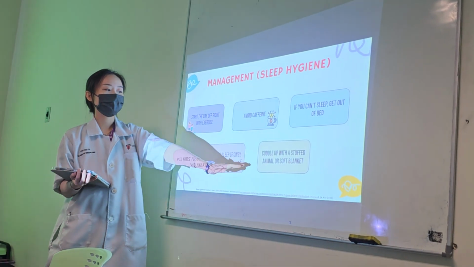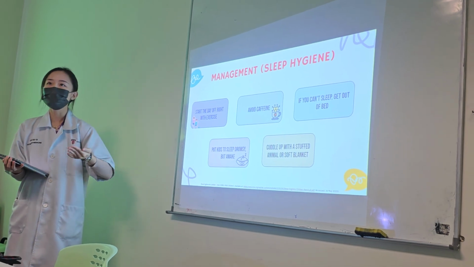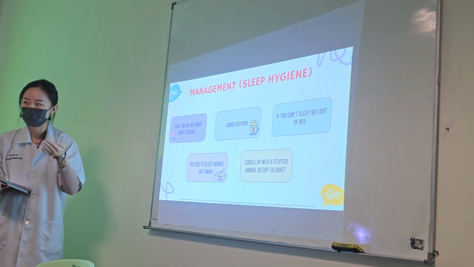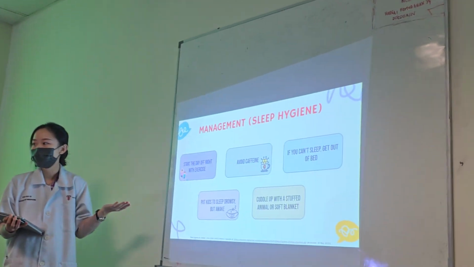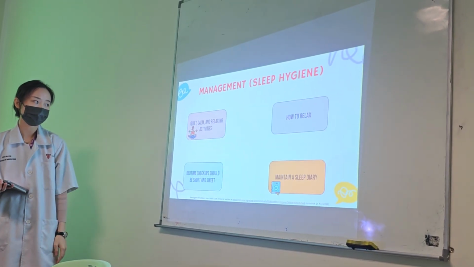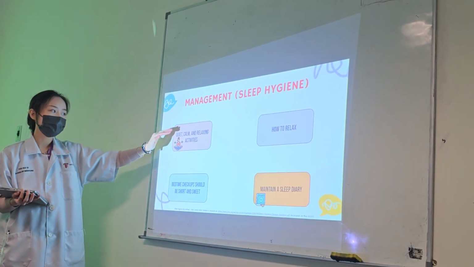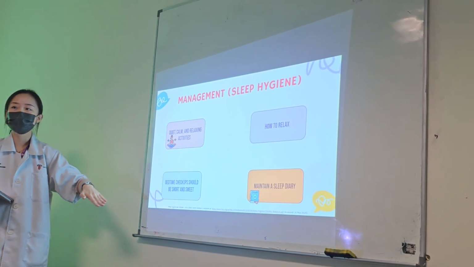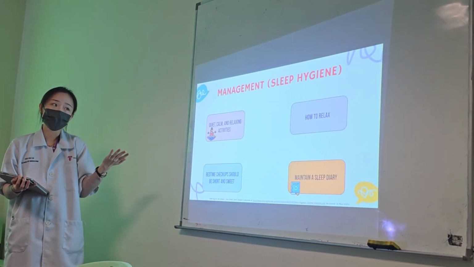So next is cuddle up with a stuffed animal or soft blanket. Giving a child a security object is a good transition for them to feel safe when the parent is not around. Next, we can do some quiet, calming and relaxing activities before sleeping, for example listening to soft and calming music.